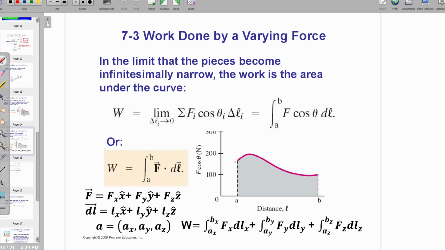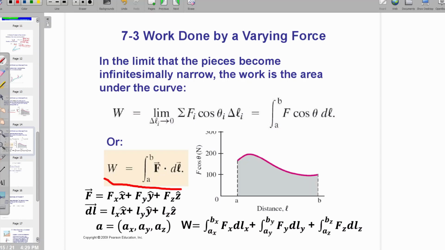So this ends up being the area underneath the F cosine theta curve, where on the x-axis we have the displacement L. So if this looks scary to you, if work expressed with both an integral and a dot product together, I know that can be a little bit intimidating.